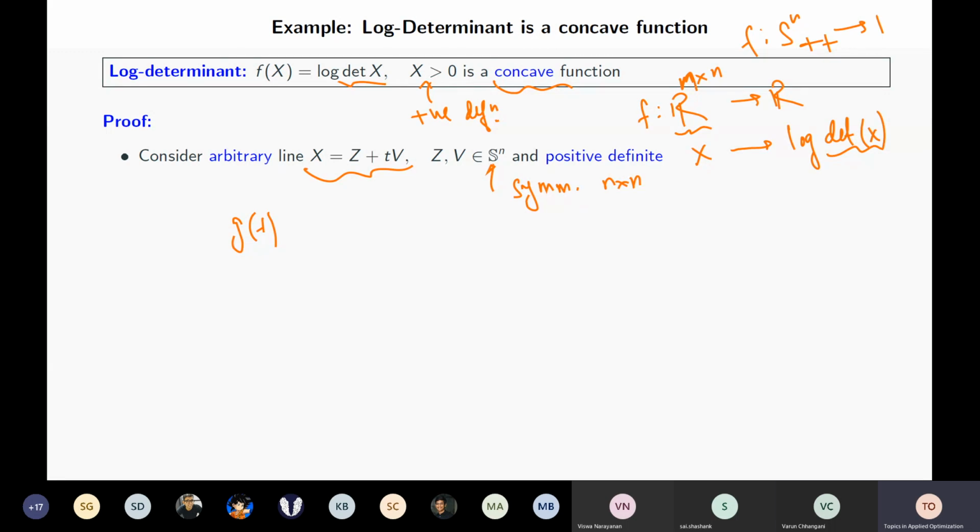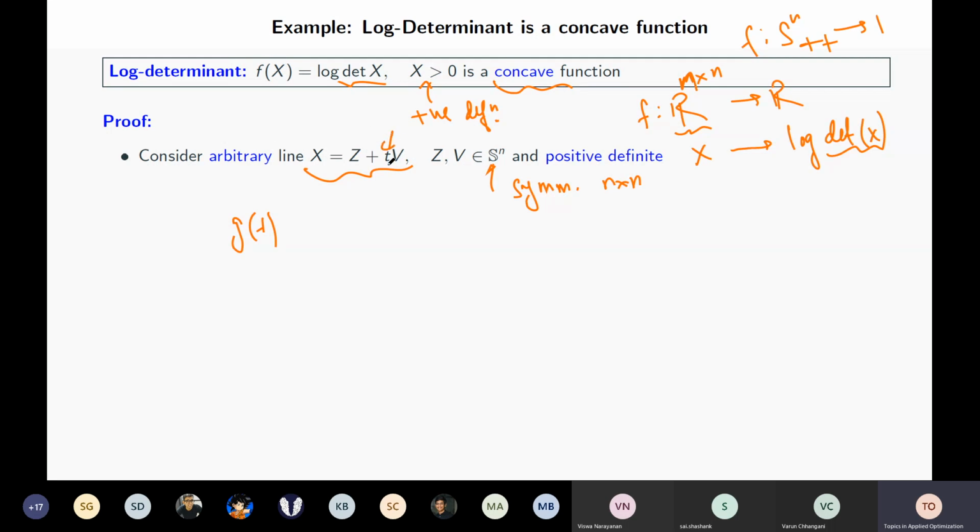And since Z and V were an arbitrary line, that will prove that the function f must be convex. Is t between 0 and 1 or anything? No, t is arbitrary. t is like an indefinite line joining, passing through Z in the direction of V. So you take arbitrary within the domain. But the domain does not restrict your t to be arbitrary.